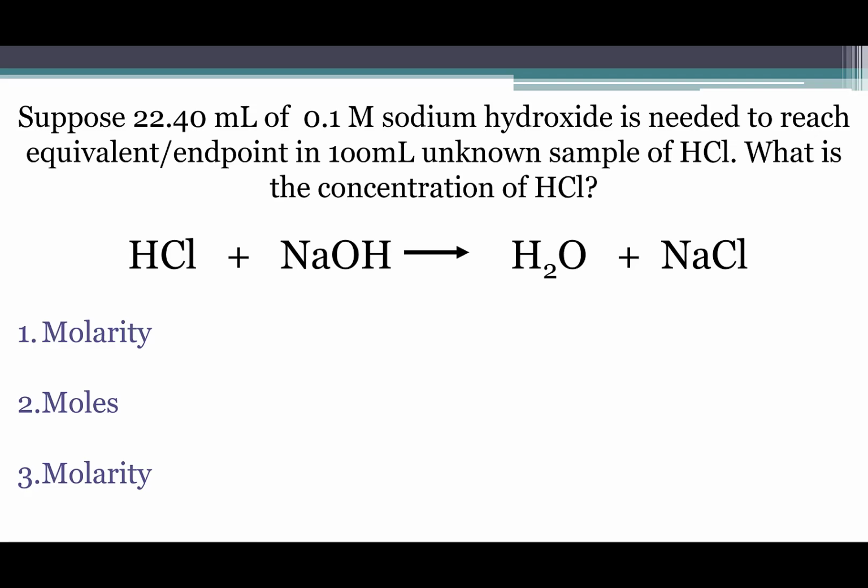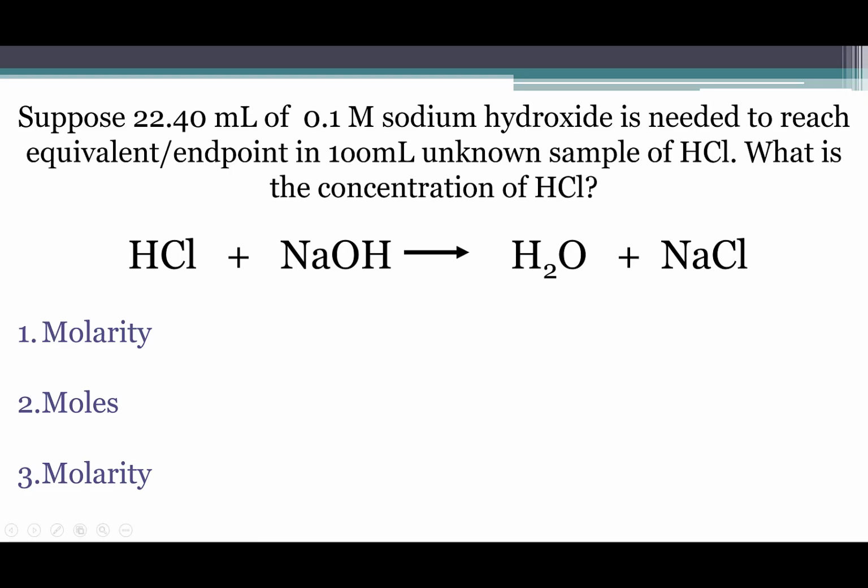What is the concentration of hydrochloric acid? Our mantra out to the side you'll see is molarity, moles, molarity. So we're going to solve these problems in 3 steps. But before I start to solve the problem, I want to get a picture onto the board. I want to start to get a clear look at what we're solving for, what we know.